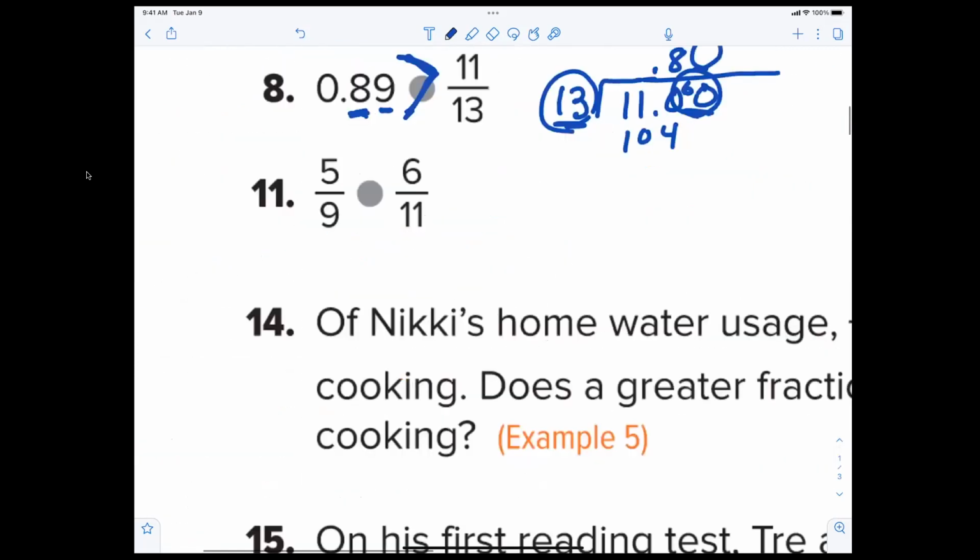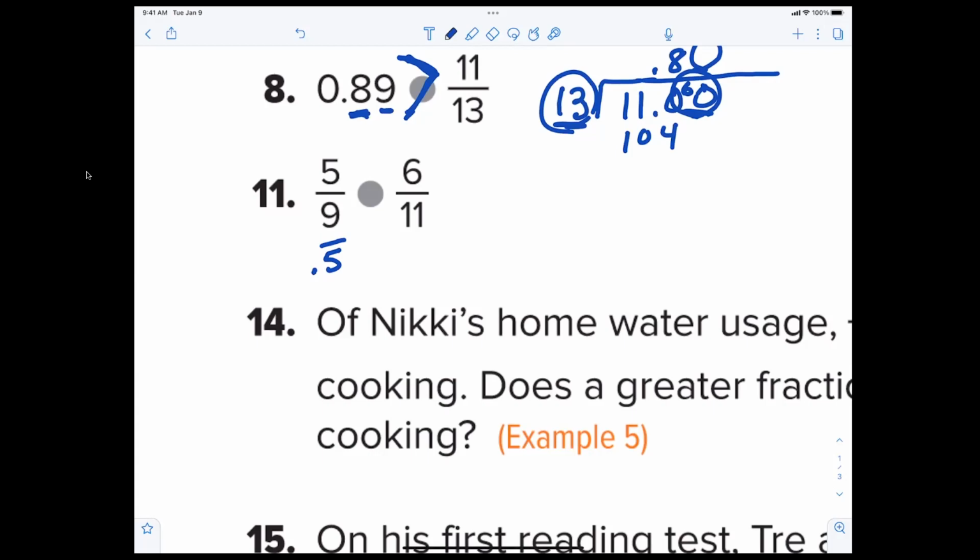We're on, oh, this one's really good. All right, 5/9 is what? Yes, very good. Thank you. 0.5 repeating. Now, do you remember what 6/11 was? You are, that's really good.